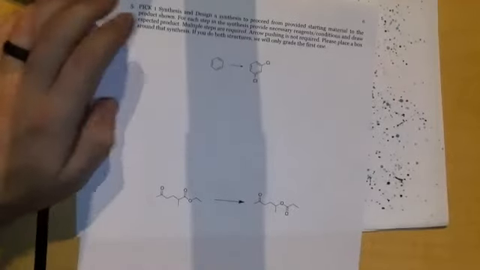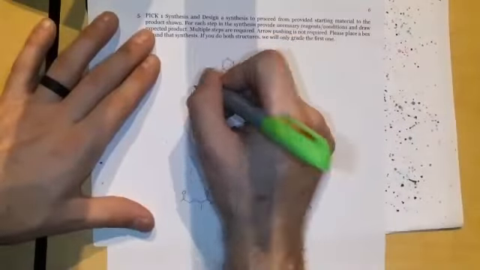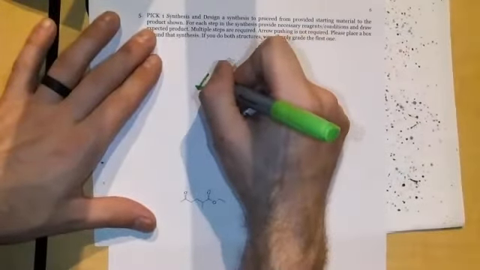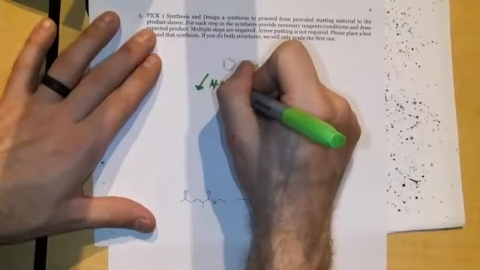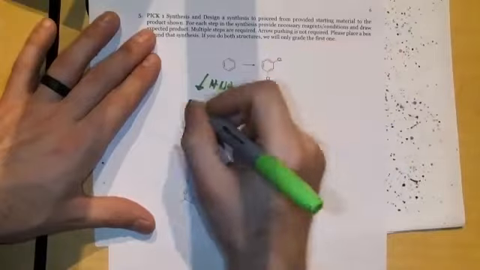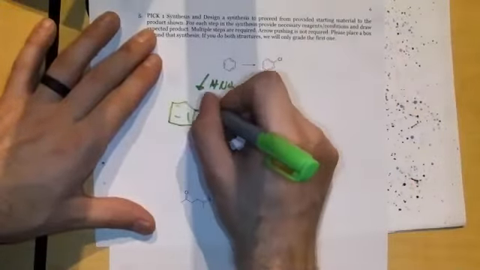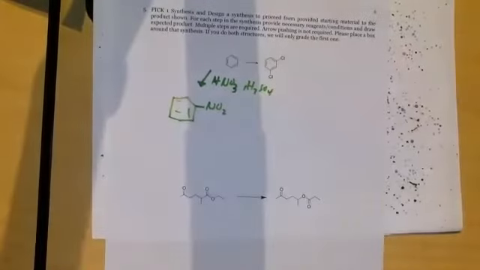So if we throw in something that's going to make this a meta director, so if we throw in HNO3, H2SO4, we can add an NO2.